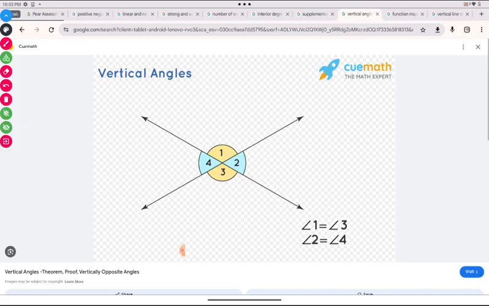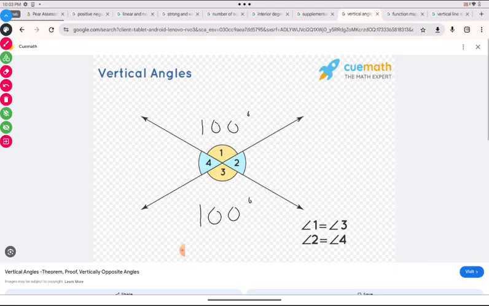So looking at this example, let's suppose angle 1 is 100 degrees. That means angle 3 down here is also 100 degrees, because they're mirror reflections of each other.